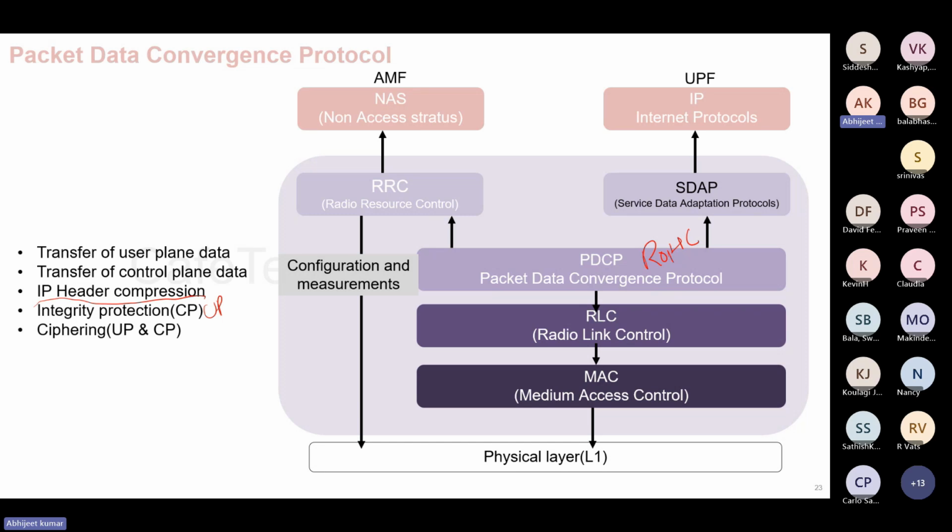Okay. So when they are applying the ciphering, how do they manage it? When you are applying the ciphering, generally you do the key generation. Key generation means we create the encryption key during the initial authentication process within the network.